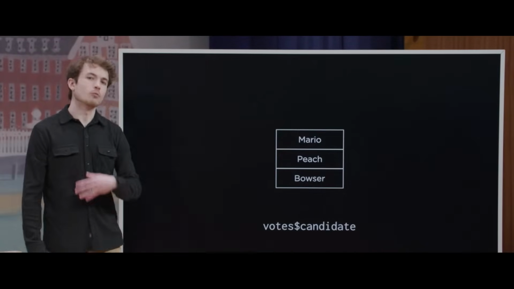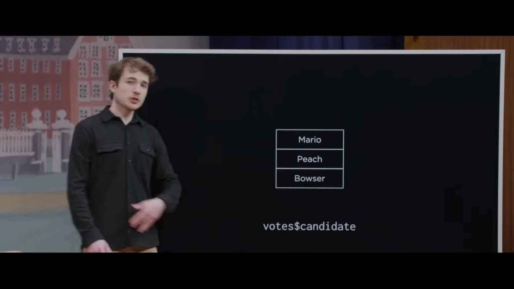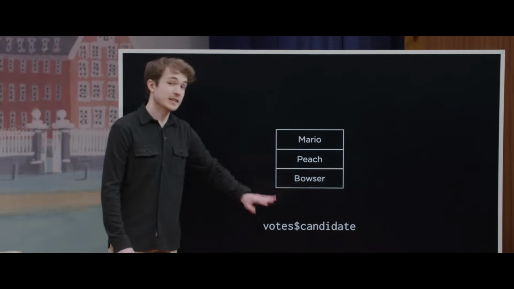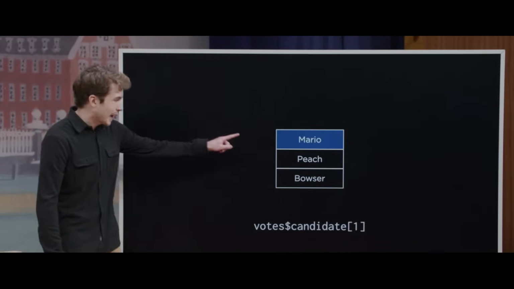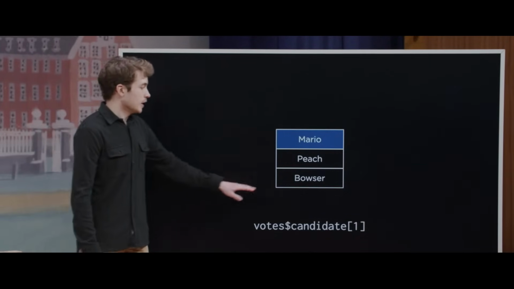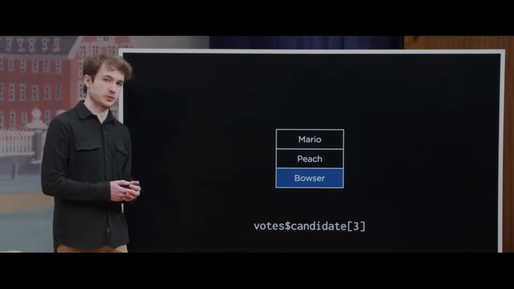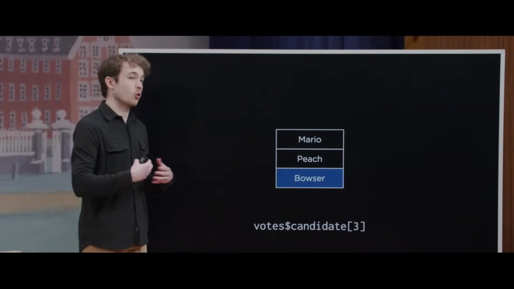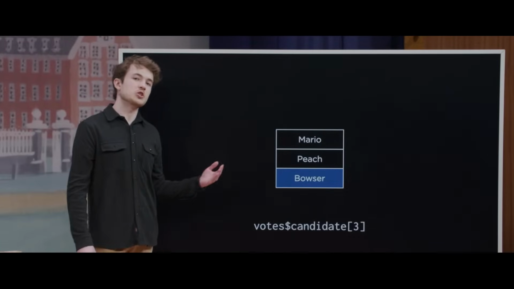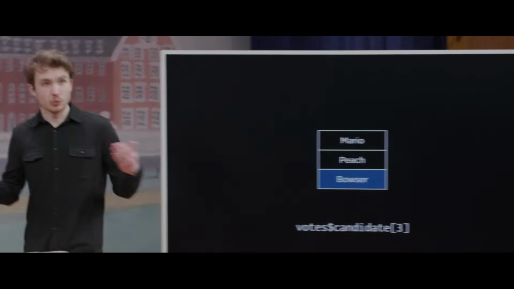Again, we start counting from 1 in R. So this is our first value, second, and third. If I want the first candidate, I could use votes $ candidate and then bracket 1. That will give me Mario. I could use votes $ candidate and then bracket 2. That would give me Peach. And same thing with Bowser here. So we're extracting this new vector, and we're able to access individual values in it. Now, one example I like to use is the example of building blocks here.